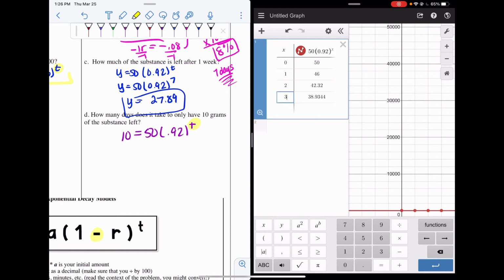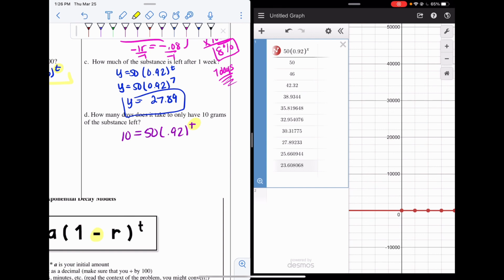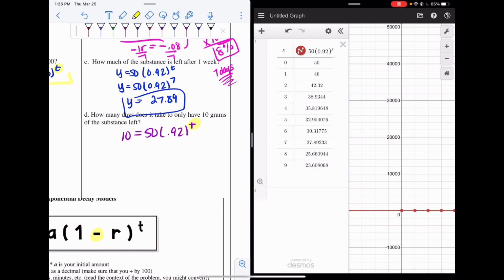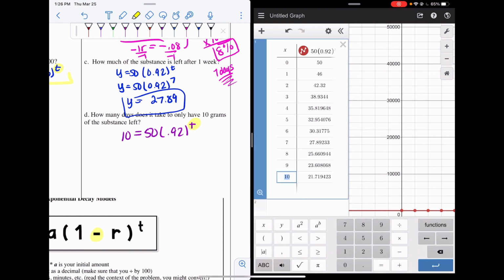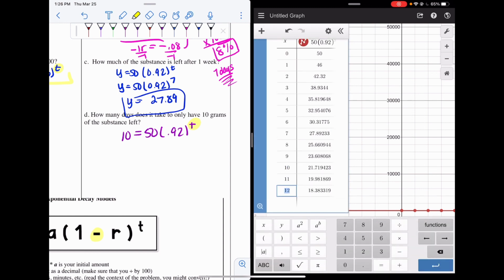And I want to find out when I'll hit 10. So I'm going to just type in random numbers, just keep on going. I'm going to hit enter. And if you look, I don't hit 10 yet. And I want to find out when this number will be 10. So I'm just going to keep on hitting enter until I get 10 to the right. I don't get it. This is a little annoying.